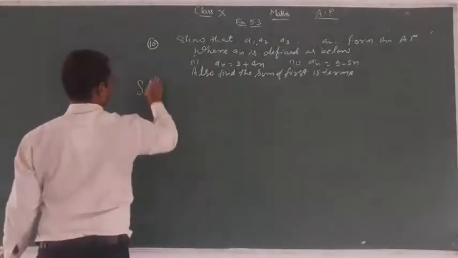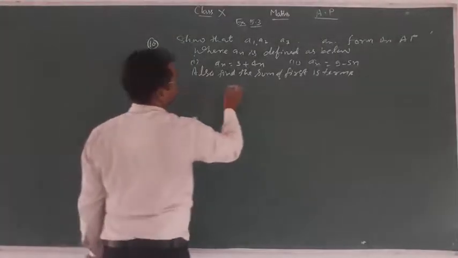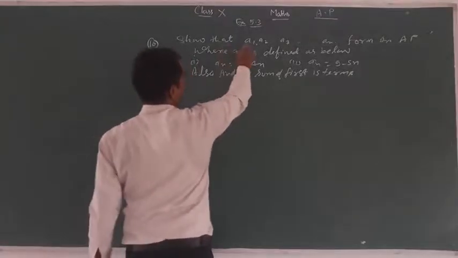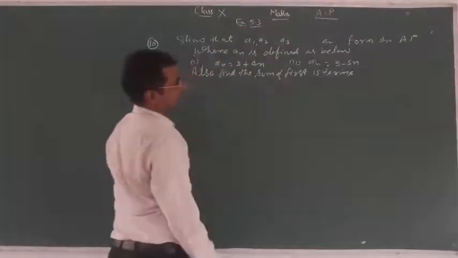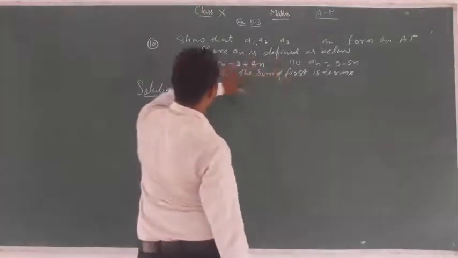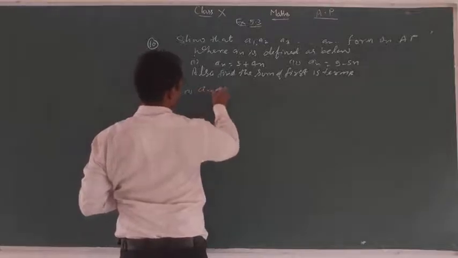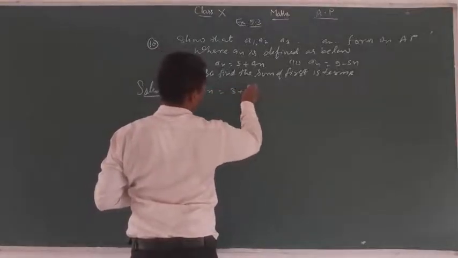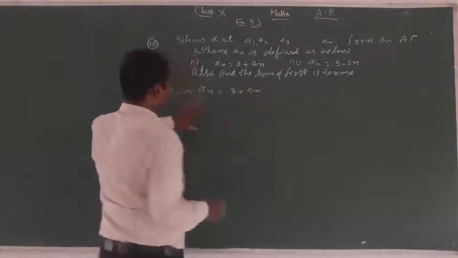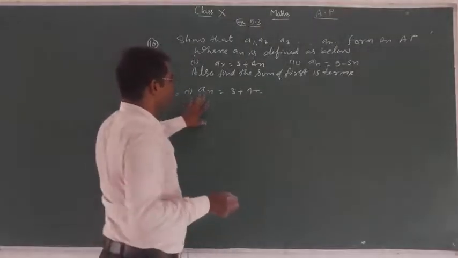Now the solution of this question. So first terms A1, A2, A3, dot dot, AN form the AP whose nth term is defined by AN. So first part, AN is equal to 3 plus 4n. Now find the terms of the AP.